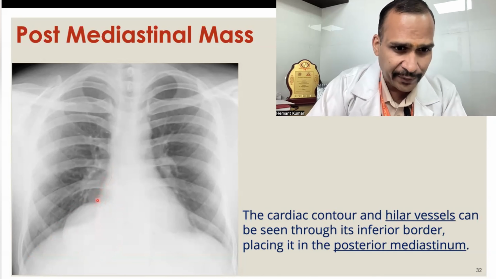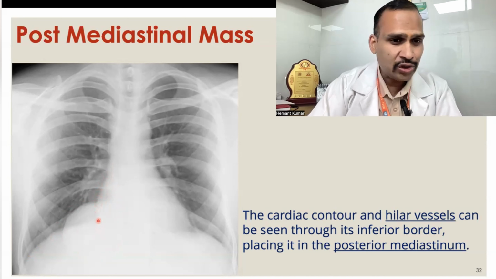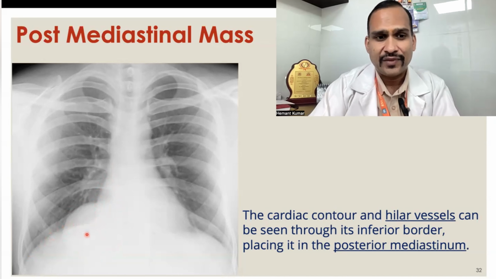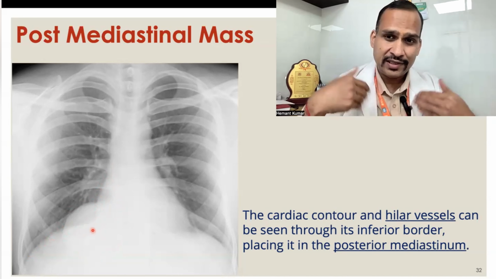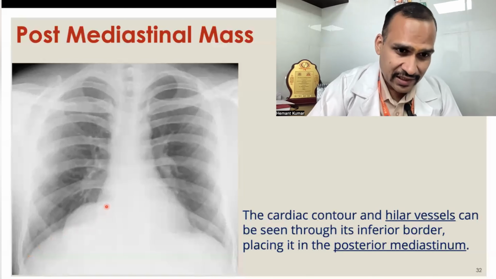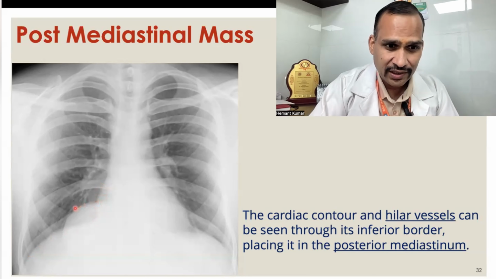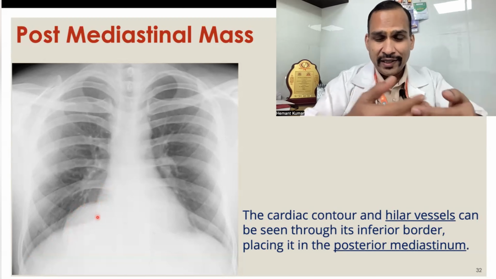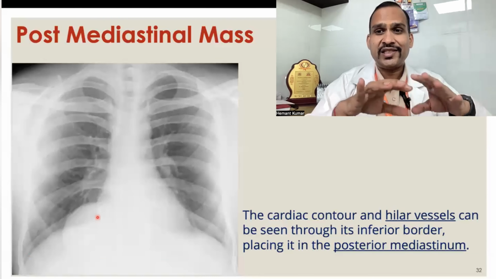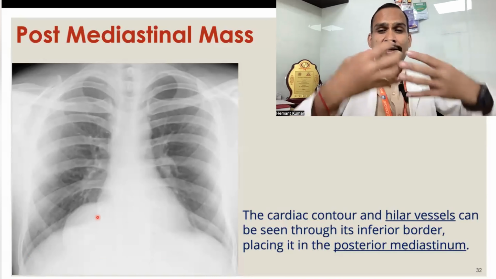The right cardiac border we can appreciate. It is not silhouetting the diaphragm. And if we see carefully, this is anterior to the right heart border, and this X-ray is a PA view, posterior anterior view.